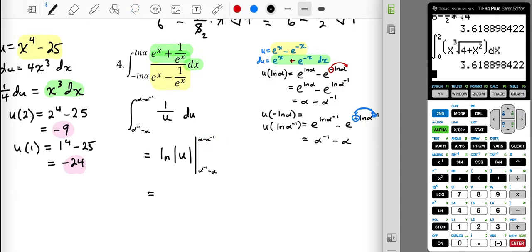So ln of alpha minus alpha to the negative first, minus ln of alpha to the negative first minus alpha.